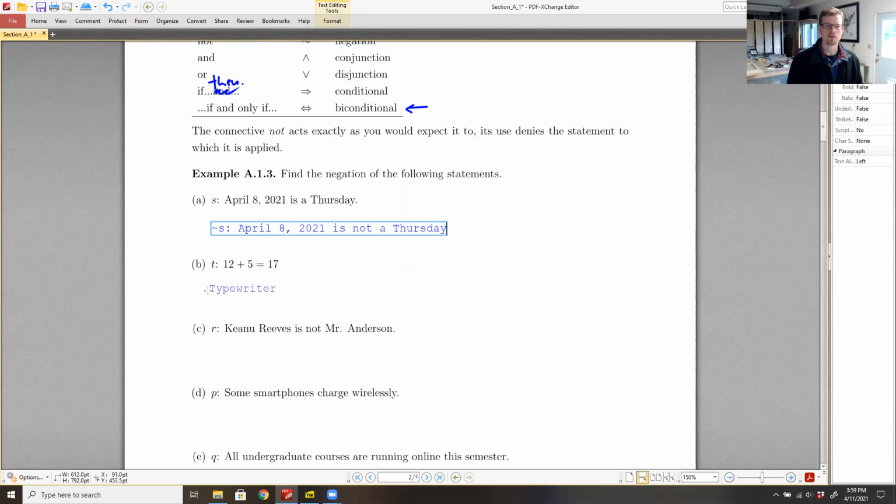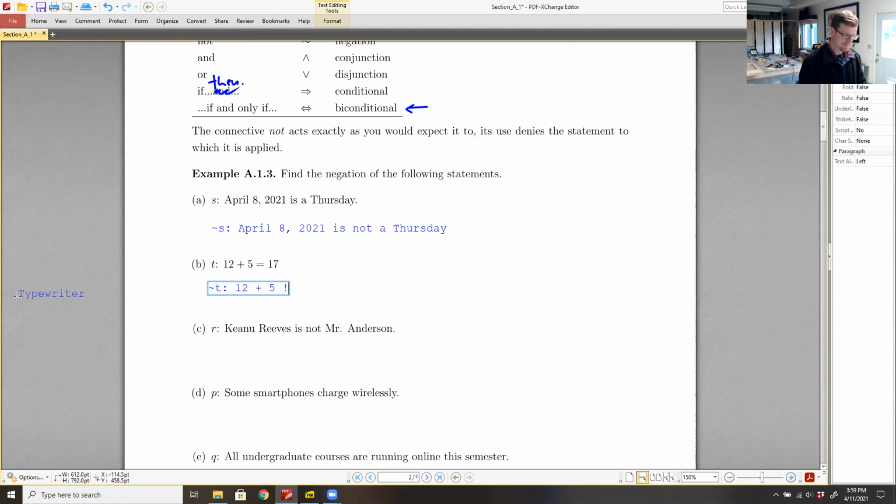Okay, what about T? 12 plus 5 is equal to 17. We notice that this, in fact, is a true statement, much like S was a true statement. April 8th, I do believe, was a Thursday, and 12 plus 5 is, in fact, 17. So while S is true, the negation of it is false. Same thing here, right? The negation of T would be that 12 plus 5 is not equal to 17.